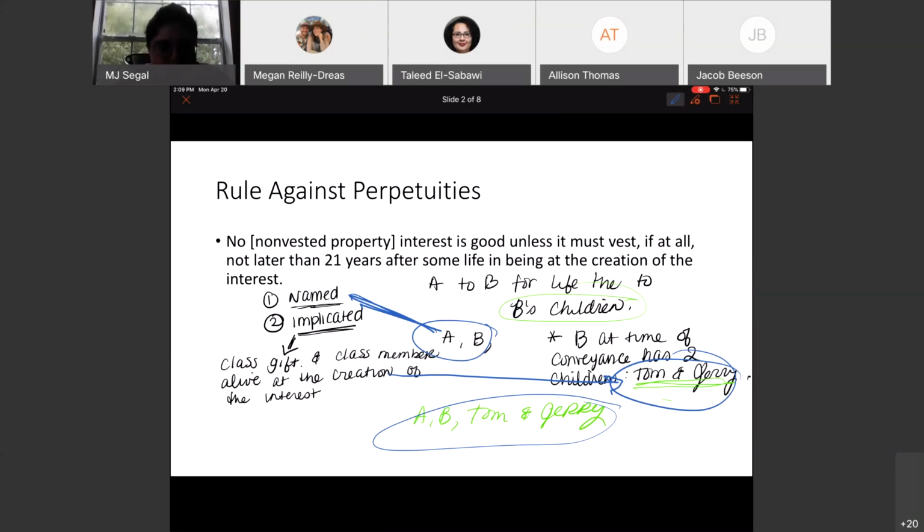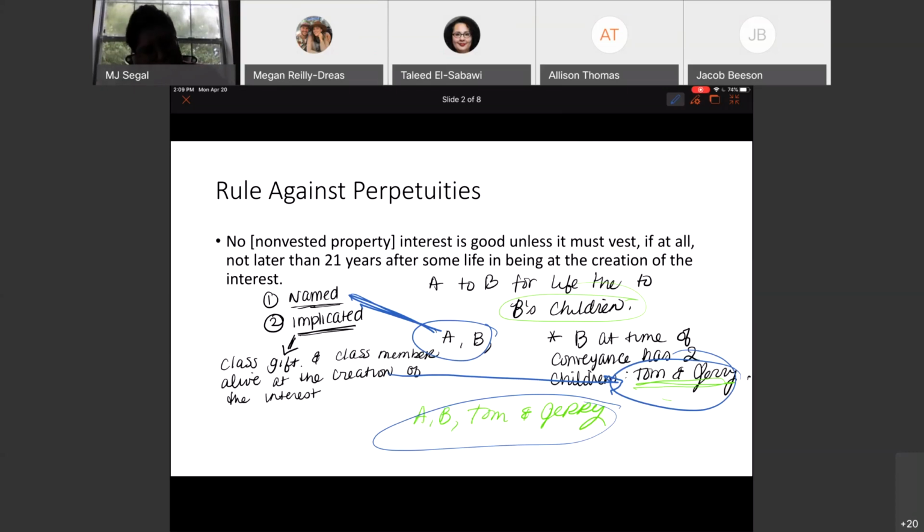Yeah, sure. So if B has a child after this is all drawn up, and the child is, let's say, born after B dies, it's Sylvester. He doesn't get anything because he wasn't in the contemplation of this, because it wasn't a life in being at the creation of the interest. No, we're just talking about rap right now. So we're looking at it for the purposes of rap, not for the purposes of who takes.